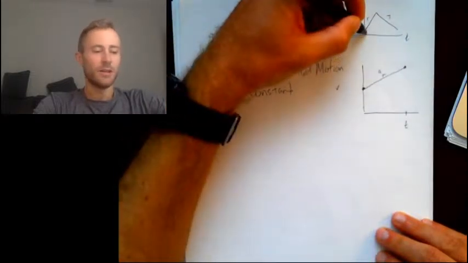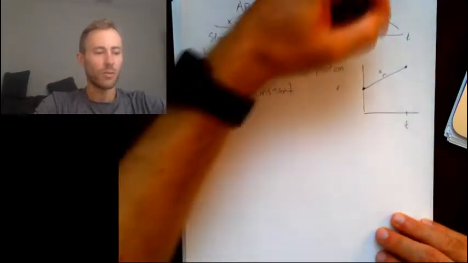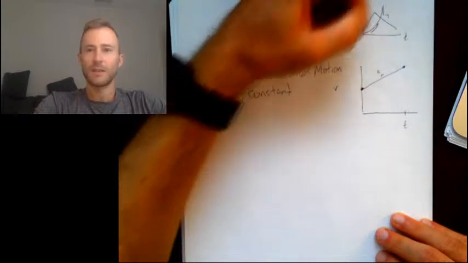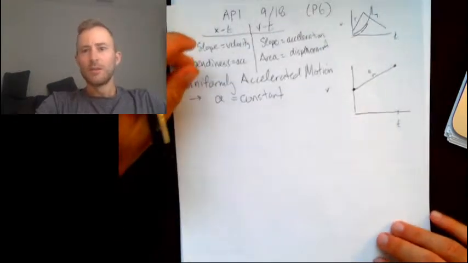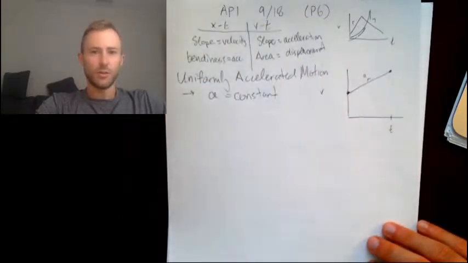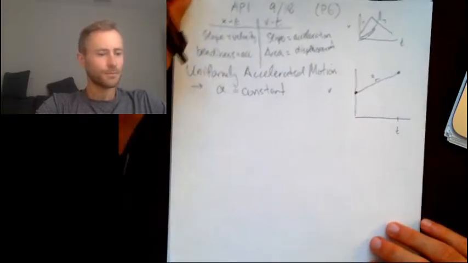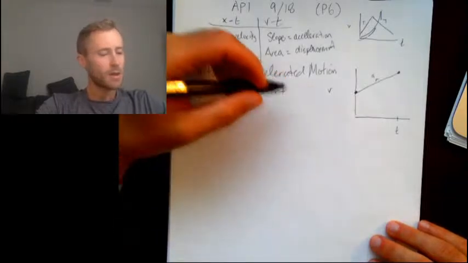Or it could be bendy. If you had a velocity time graph that looks like that, the slope is changing. It's getting steeper, so that would be non-uniform acceleration. So this is what we are going to study today, uniformly accelerated motion. And we're going to get a couple of equations, okay?